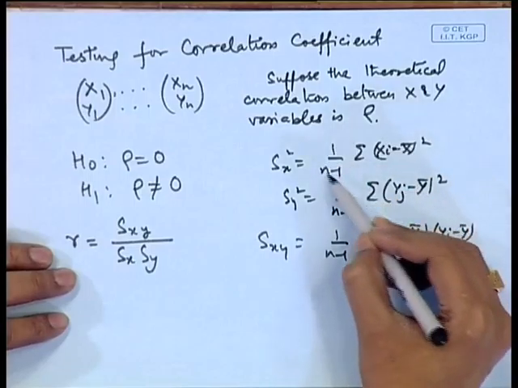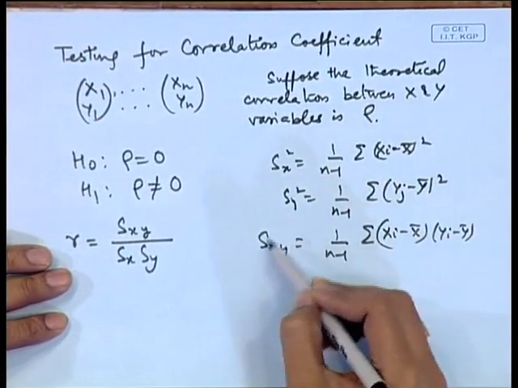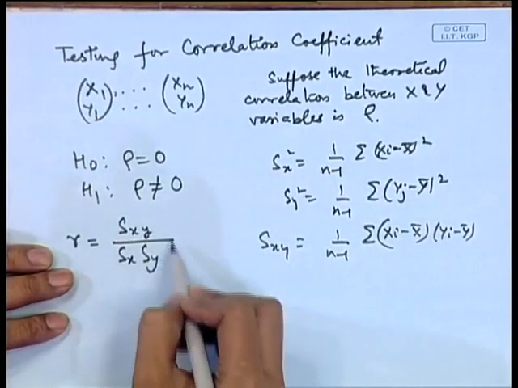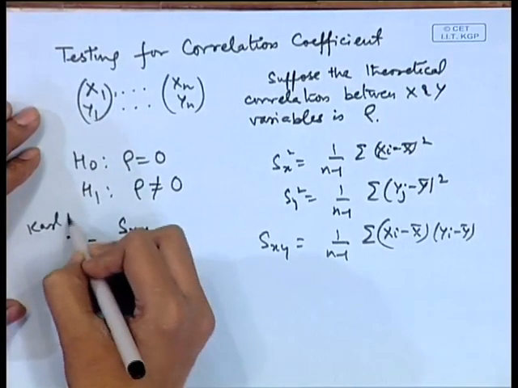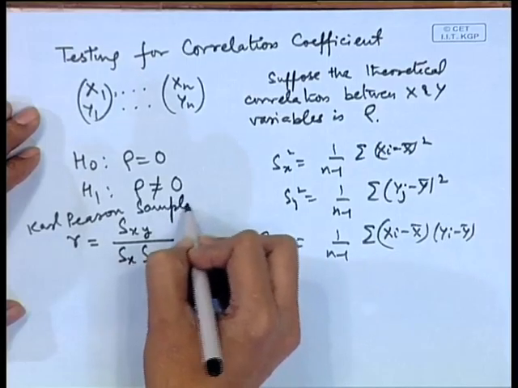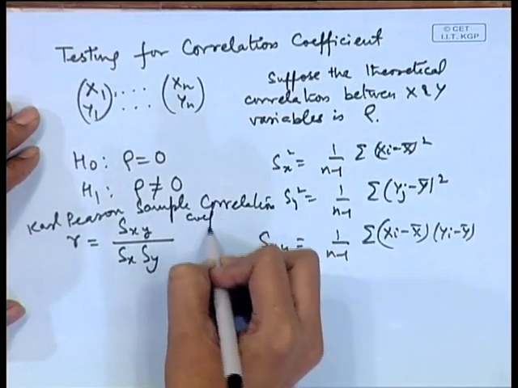That is the sample variances for the two samples, and this is the sample covariance. So, based on this we define the Karl Pearson sample correlation coefficient.